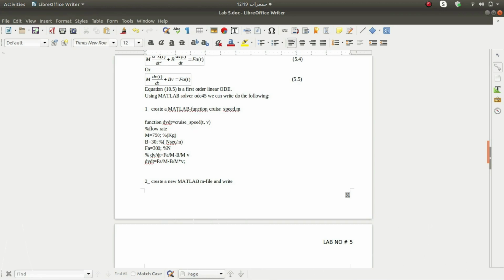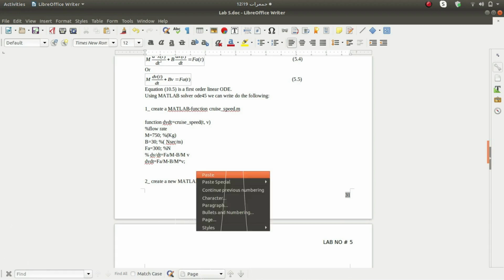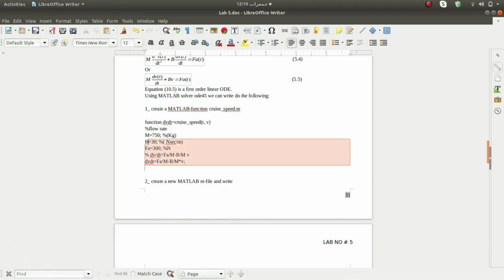Creating a function in MATLAB gives you a handy tool to call it again and again. You don't need to write this whole code again and again, you can just call this name cruisespeed.m, and it will call this function by itself. So it is a good advantage in MATLAB.